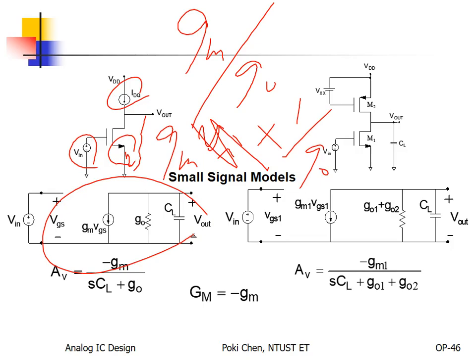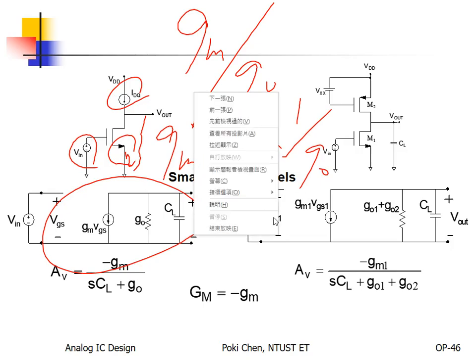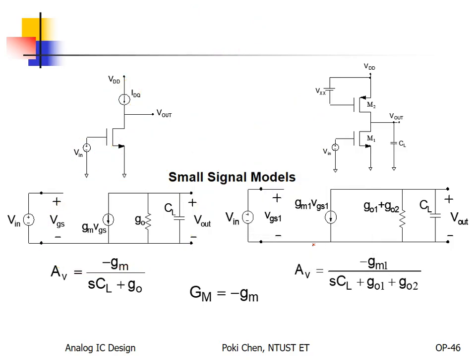Okay? I have no time. I'm a busy guy, so I only estimate what's the result. And usually, you need to pay attention to the bandwidth, and bandwidth is seriously limited by such kind of parasitic load capacitance. Anyhow. Okay, and again, what is the total output conductance? Because this is perfect.